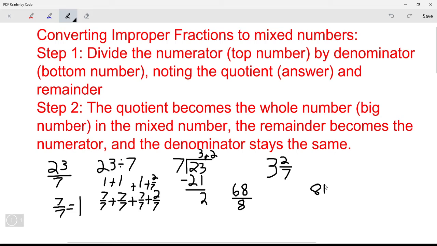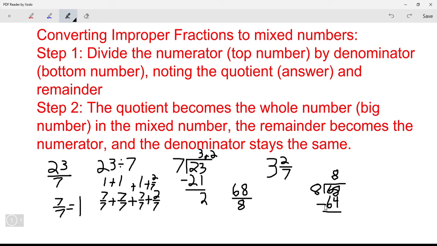8 goes into 68. I know 8 goes into 68 8 times. 8 times 8 is 64. One thing I want to point out is if you do not know your addition or your multiplication and division, you really should memorize it.